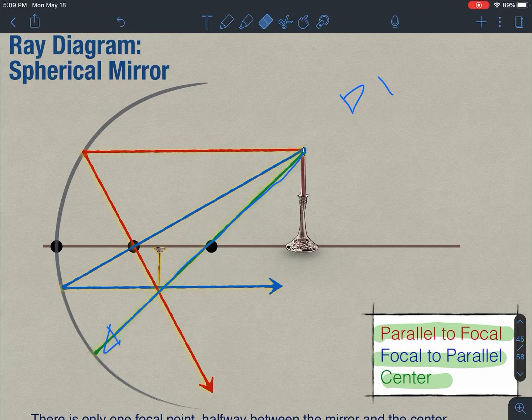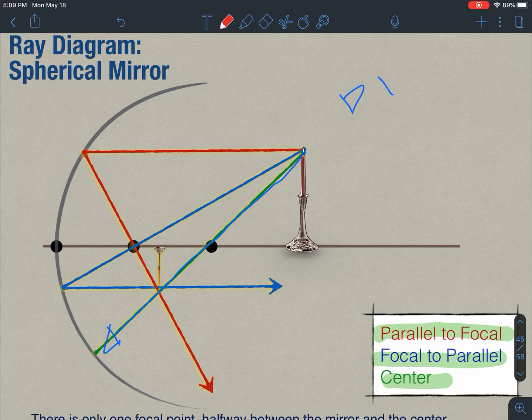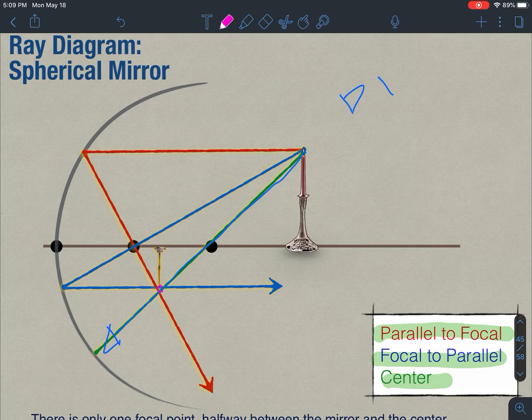So let's get rid of those. Let's do a color that's not on here. Let's go pink. Right here is where all those three light rays converge. I forgot to erase one. So you see the blue, the green, and the red, all those three rays converge there, and that's where our image would form.